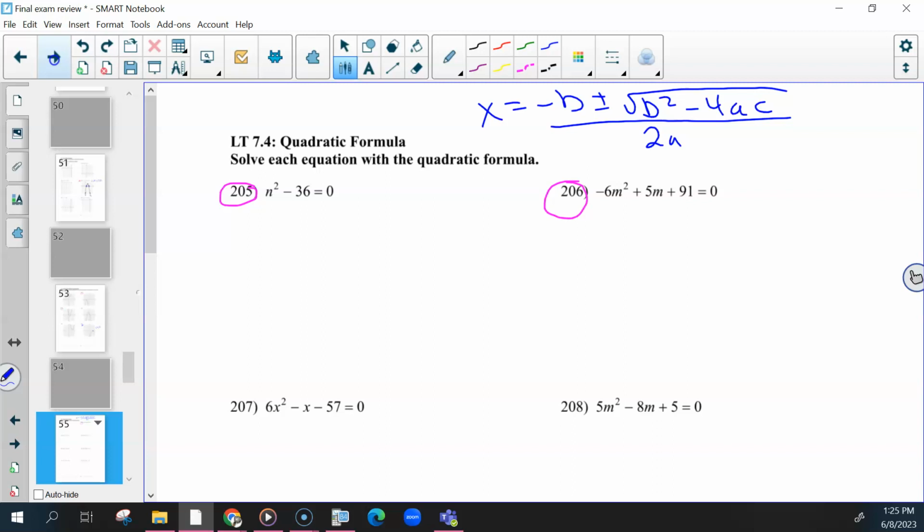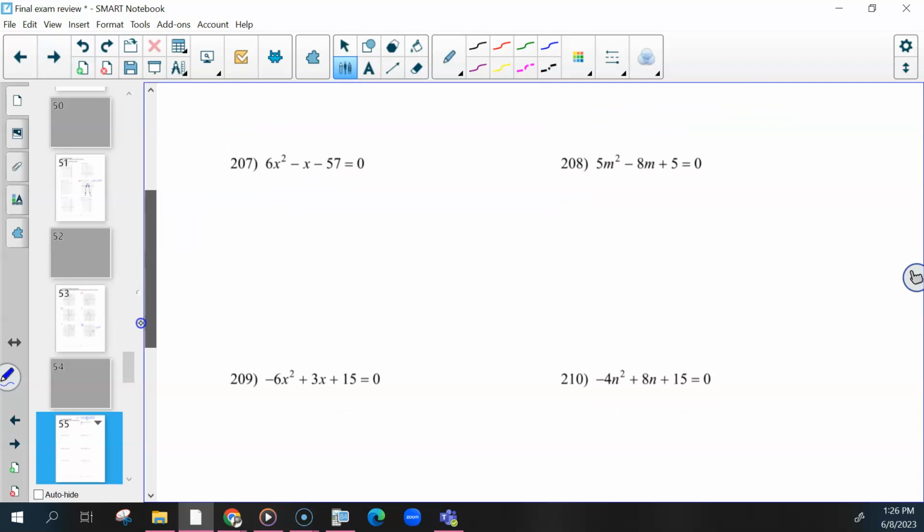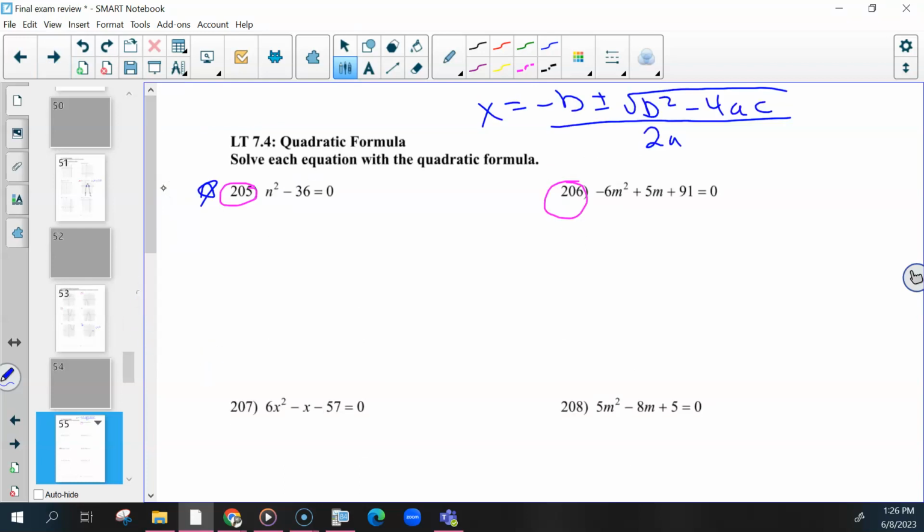Which of these do we want to see, go over, have questions about? 205. So let's start with 205.